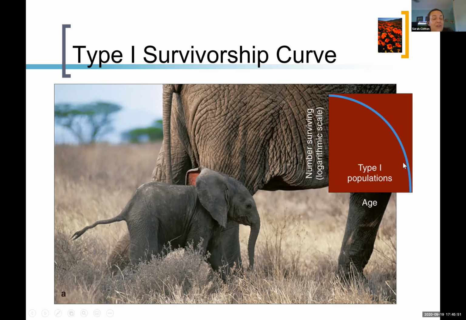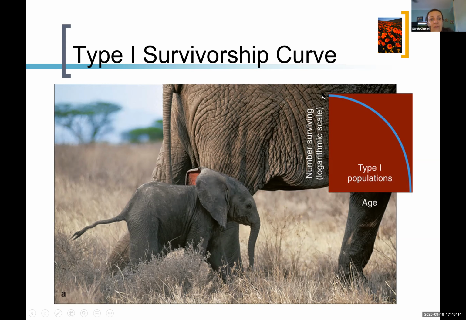So this is what we call a type 1 survivorship curve. So a type 1 survivorship curve, number surviving is on the y-axis, age is on the x-axis, okay? So little babies, adults, okay? Middle age, right? So babies, kids, teenagers, middle age, elderly, right? So that's our age scale.